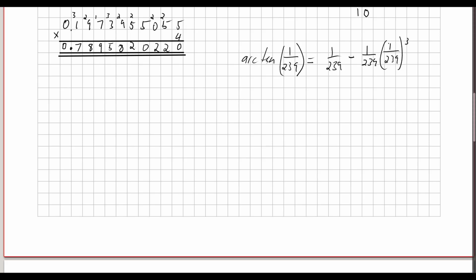So for how many decimal places we want, we can just ignore this term because it goes to 0 quite quickly. So we can just calculate this term, but of course Machin calculated to 100 decimal places, so he would have used many of these terms and calculated that all out.